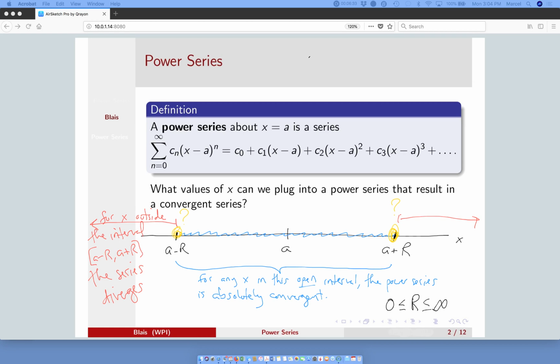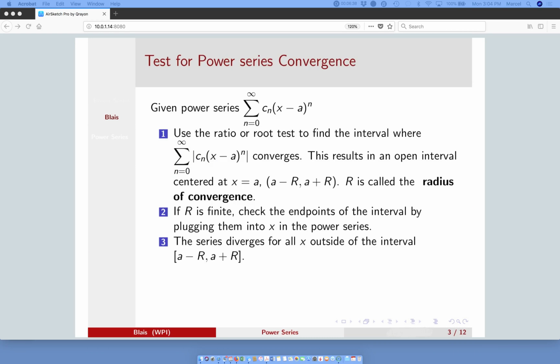So the way that we fish this out, given any power series, is with this test for power series convergence. So this more or less walks through the picture that we just looked at. So we're given a power series, and the nice thing about power series is working with them is very formulaic. The first thing we do is either the root or ratio test to find that interval.